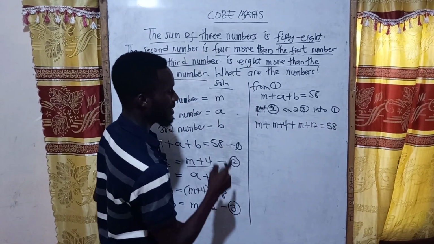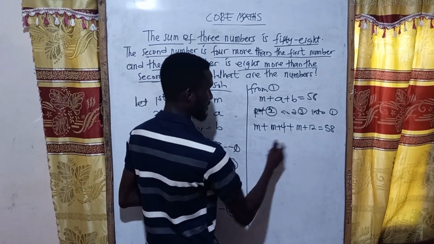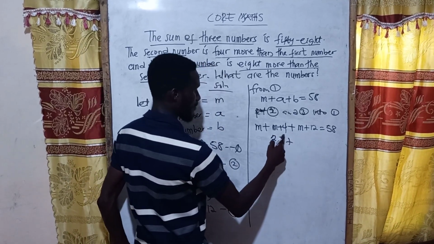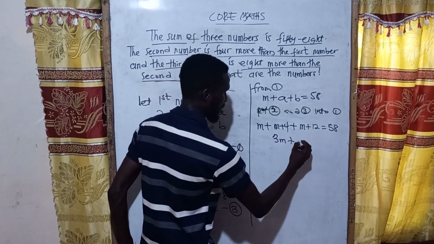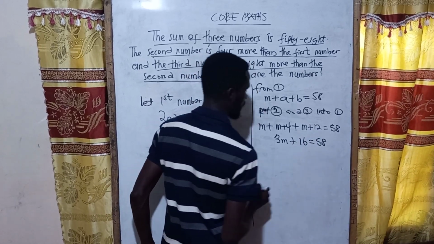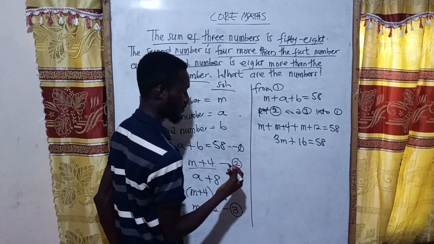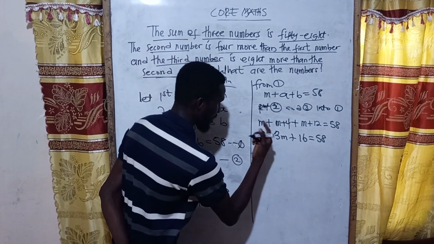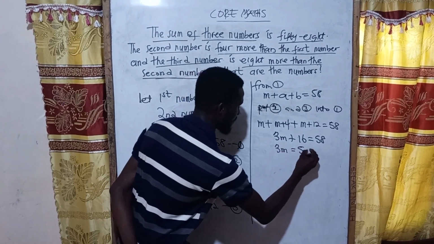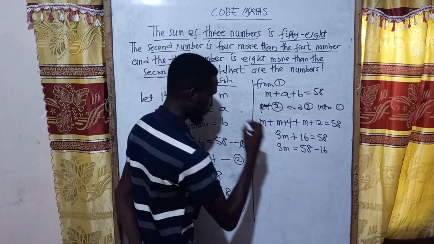Now at this point, we can easily solve for the value of M. M plus M plus M, you have 3M's. And then 4 plus 12 will give us 16, equal to 58. So at this point, it tends to a linear equation, so we can easily solve for the value of M. Now let's see. So I have 3M, you group items nicely, 58 minus 16.